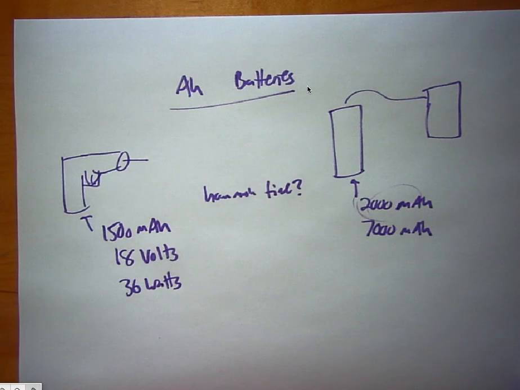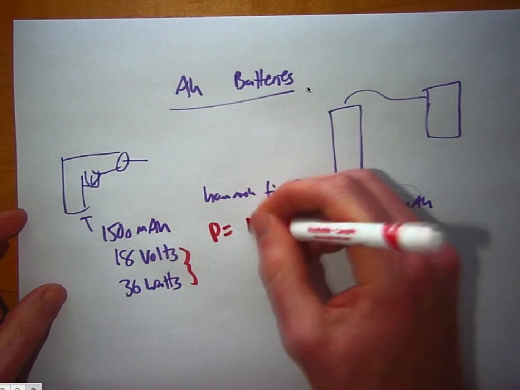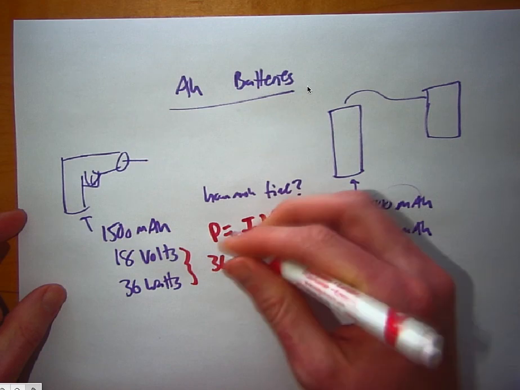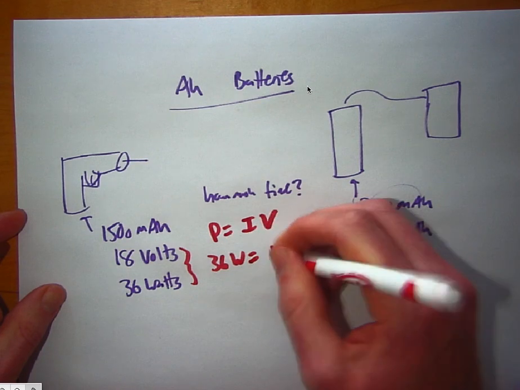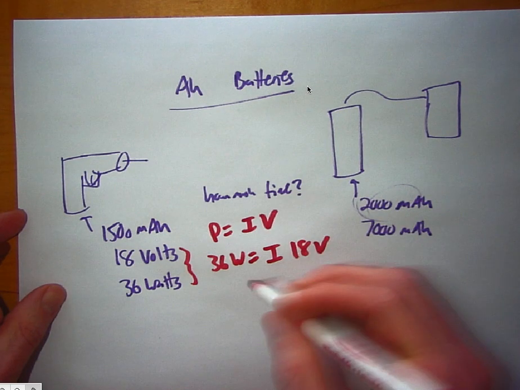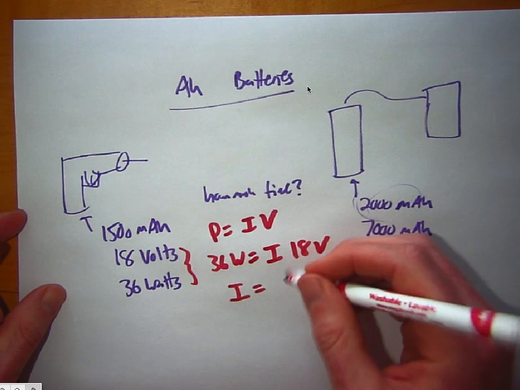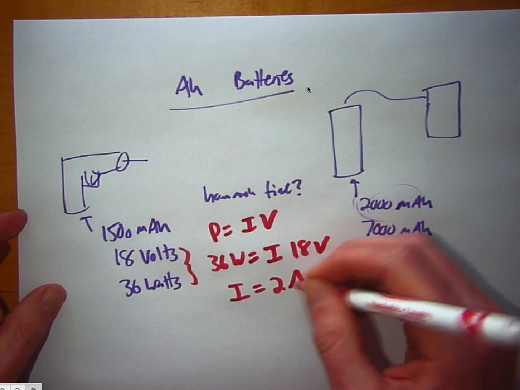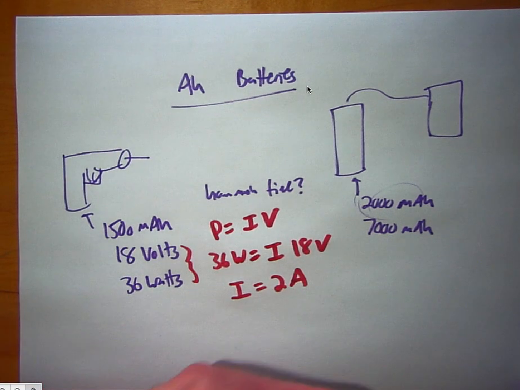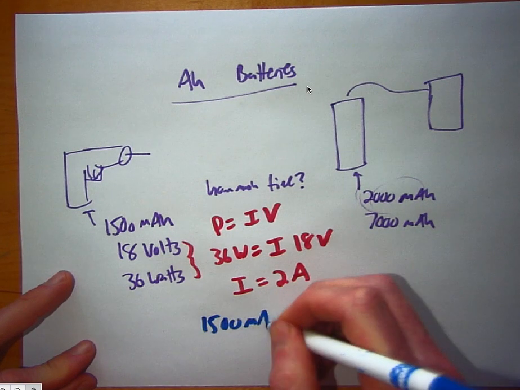So I want to know how much time you can use the drill for based upon these numbers right here. Let's do a couple of calculations. First of all, with these two numbers, I can use P equals IV, where my power is 36 watts and my voltage is 18 volts. I can find my current, I, remember I is current, and I conveniently picked the numbers so that it turns out to be 2 amps. Just take both sides and divide by 18, and I get 2 amps. Great, so now I have this situation. I've got 1,500 milliamp hours.